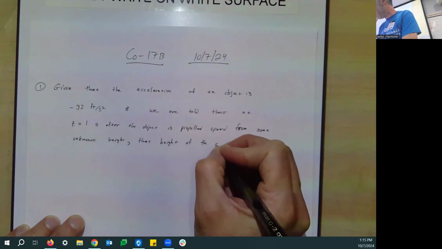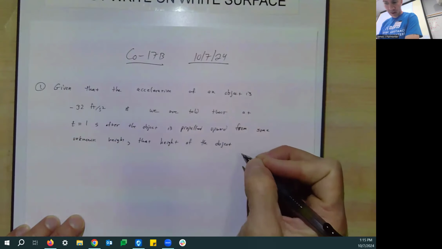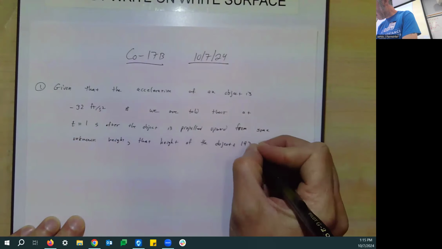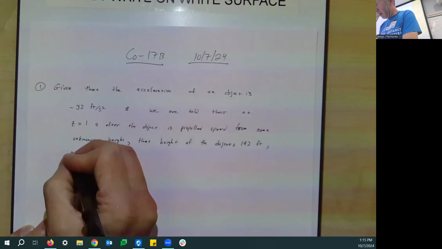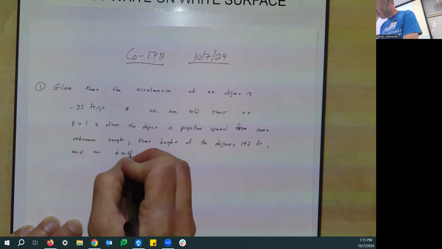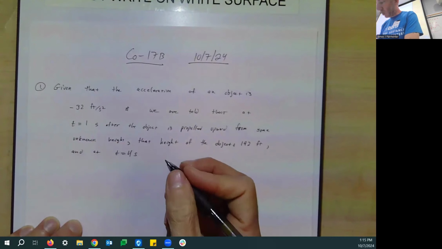The height of the object is, let's see, 192 feet. And then at 4 seconds after, the height is 240 feet.